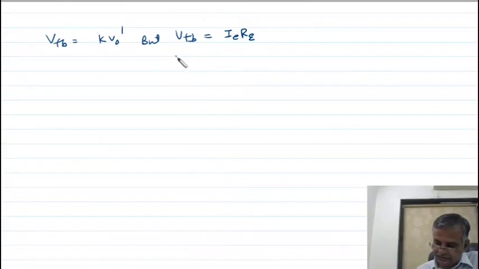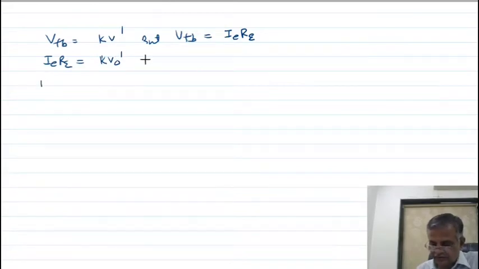Look here, I can write K into VO dash is equal to I into RE, but VO dash is equal to minus IC into RL.